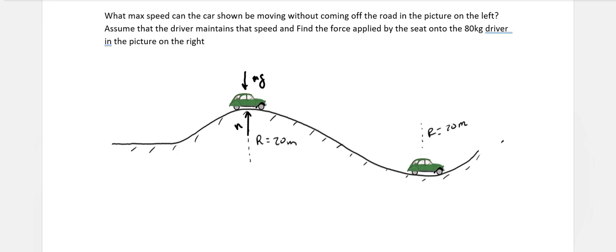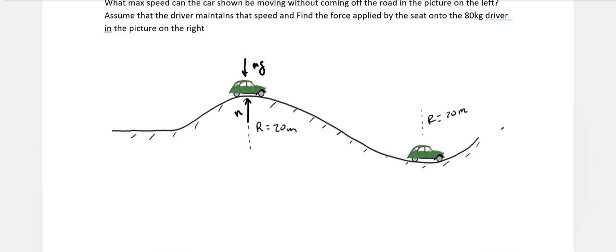Now we write a Newton's second law equation for the car. The sum of all forces equals ma. Remember Captain Rod's rules of thumb: identify the acceleration direction and call that positive.